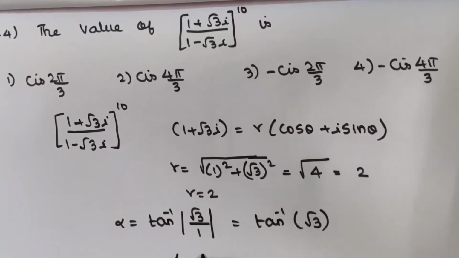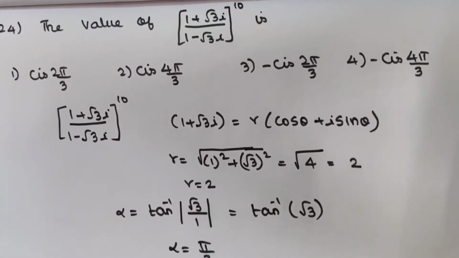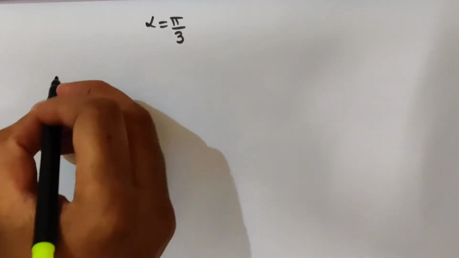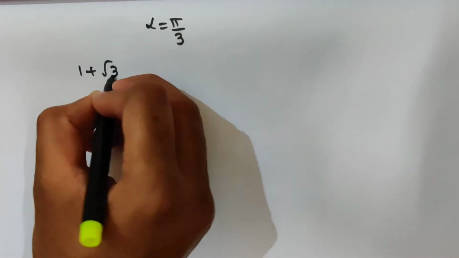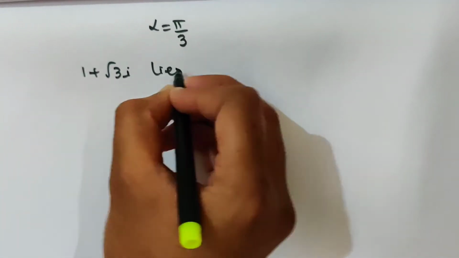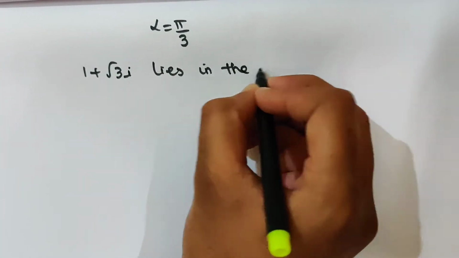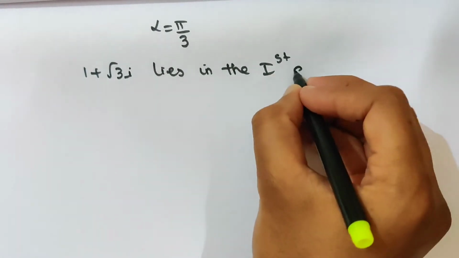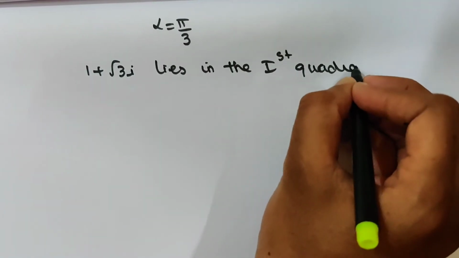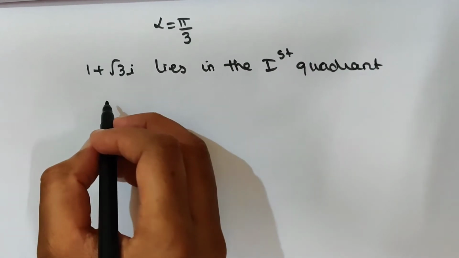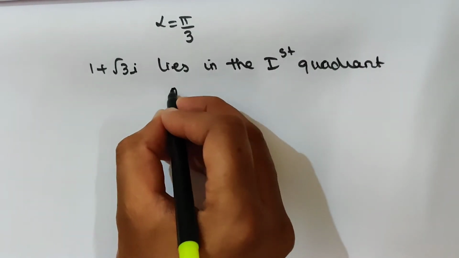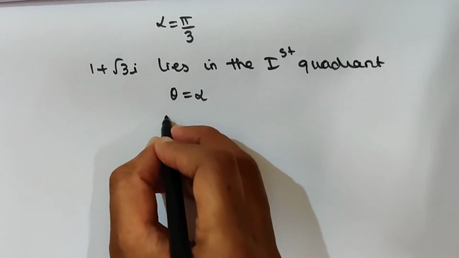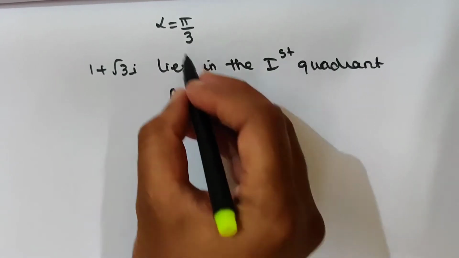Alpha is equal to pi by 3. 1 plus root 3i lies in the first quadrant. If a complex number lies in the first quadrant, then my theta is equal to alpha. So my theta is equal to alpha, and alpha is pi by 3.